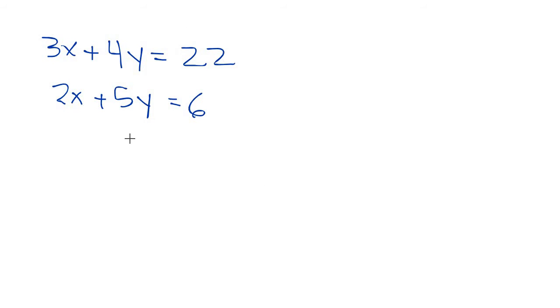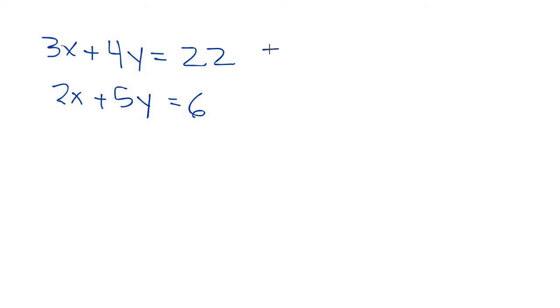Alright, in this one, it's a little bit weird because we can't find anything to multiply by to get these to cancel out. So we have to multiply both of them and manipulate both of them. And in this case, again, we see that x is perfect because they're smaller numbers and it's going to be easier.